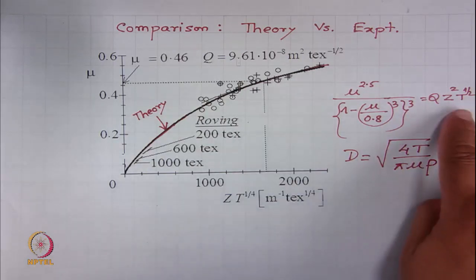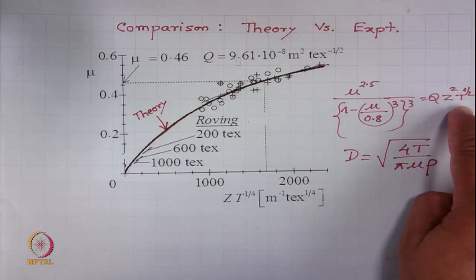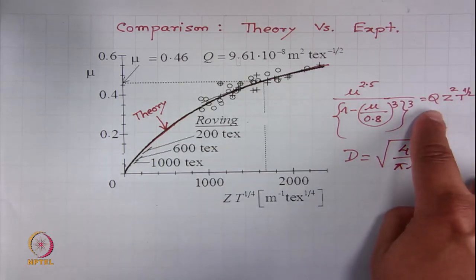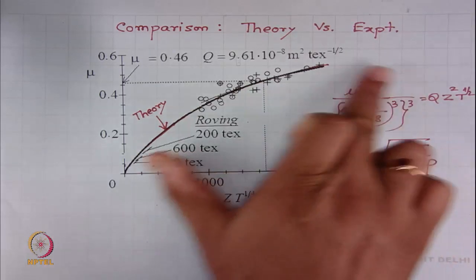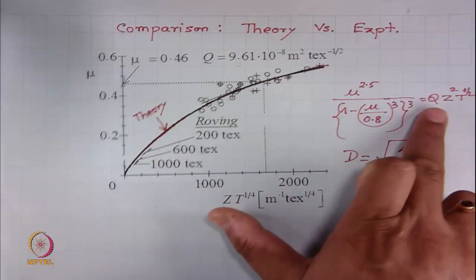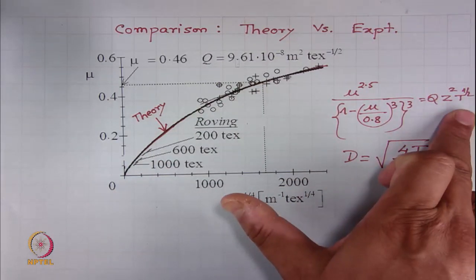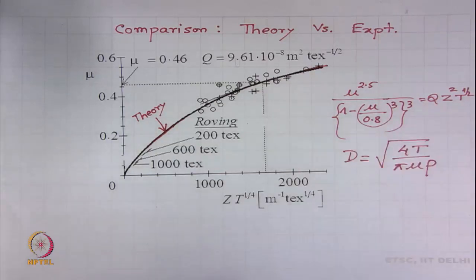So, capital T is known, it is cotton fiber, so we know the value of Q. Suppose the packing density is targeted 0.46. So, the left hand side we will come to know, right hand side Q is known, capital T is known, we will find out Z. So, that much of twist we will insert.